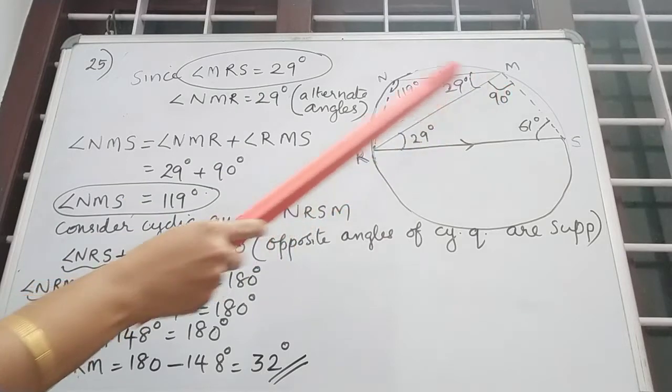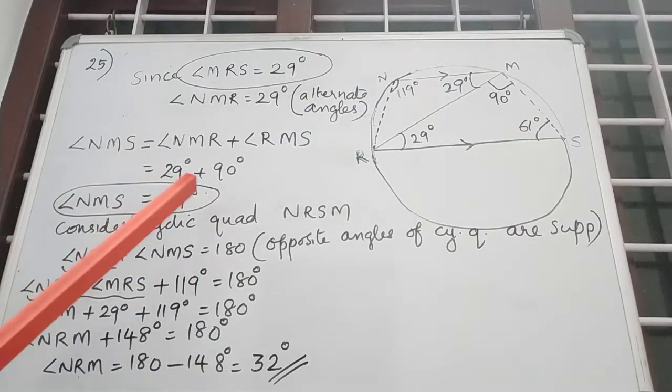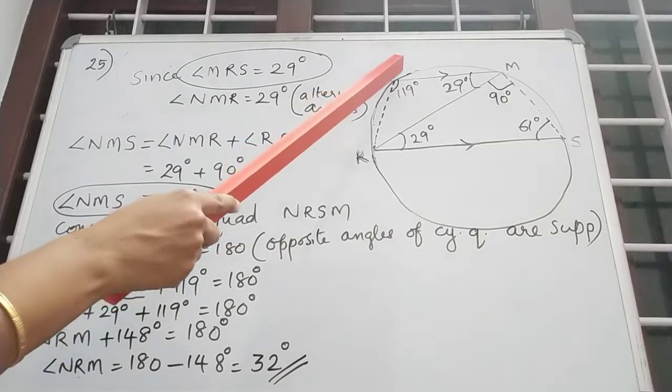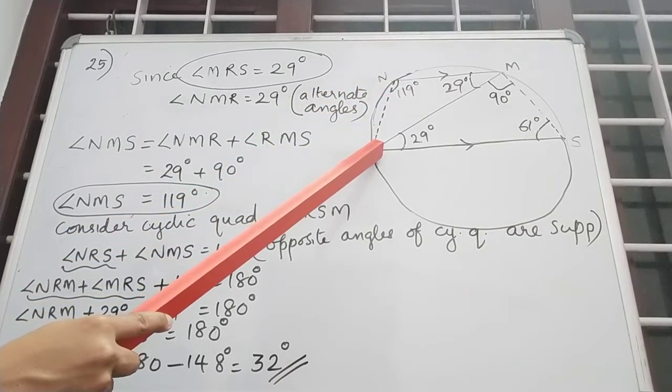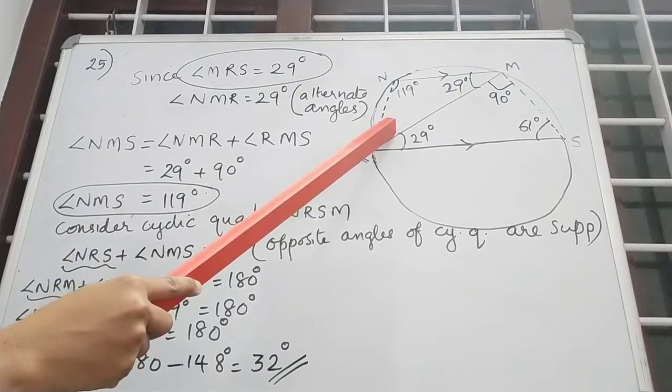NMS is equal to 119 degree. We want to find out which angle? NRM. So this angle we want to find out.